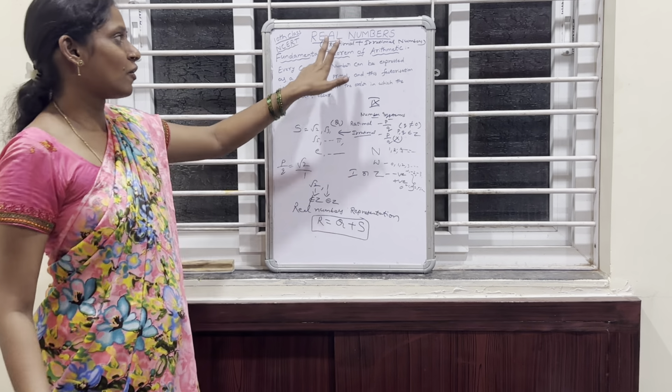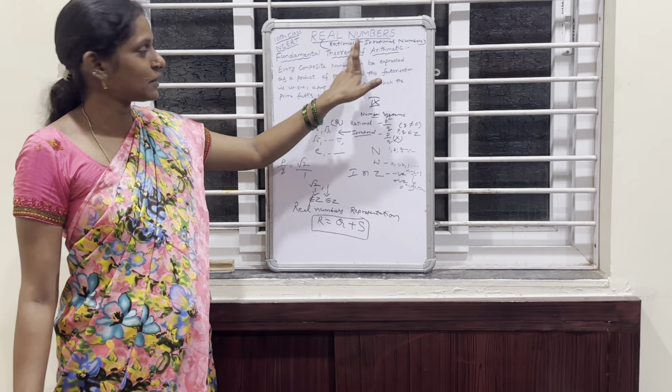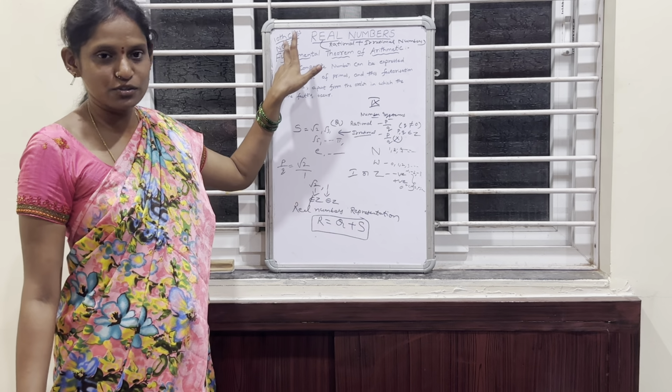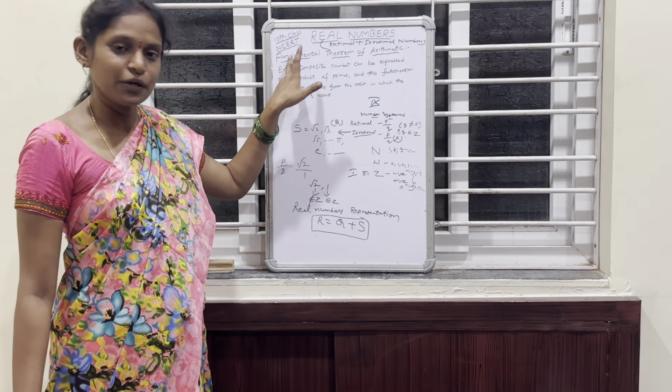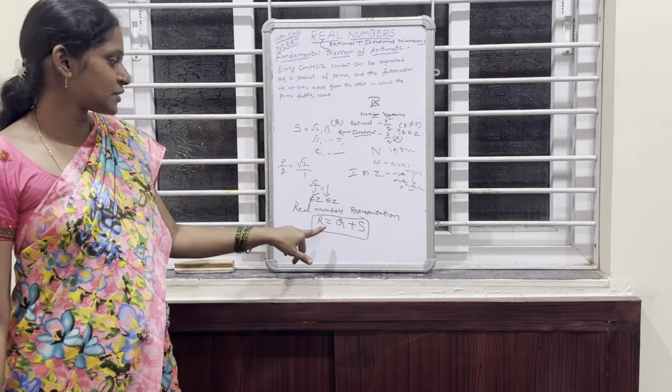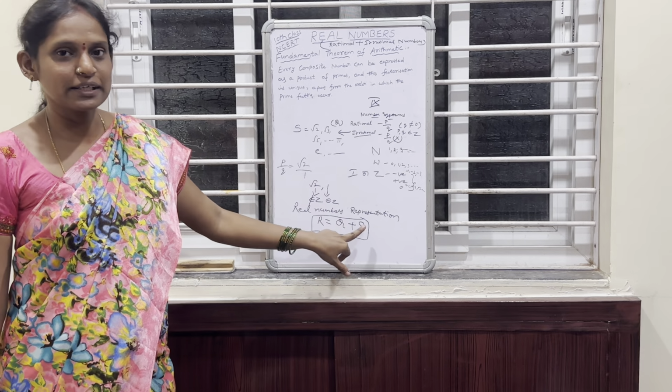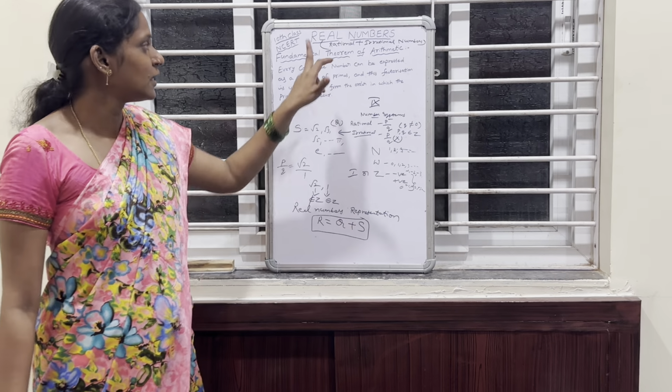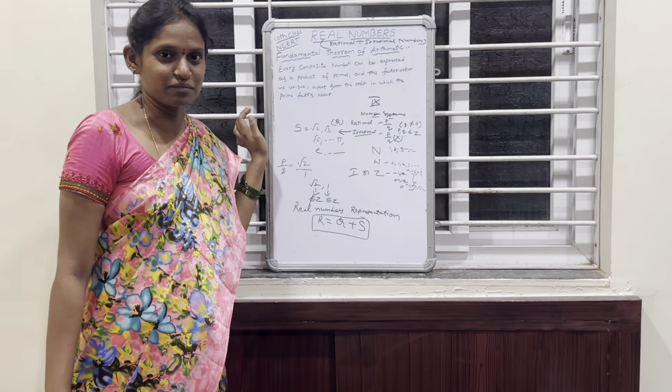So I got the definition of the chapter Real Numbers, which belongs to the 10th class NCERT textbook. In state also it is the same. What is the real number definition? The combination of rational and irrational numbers are called real numbers.